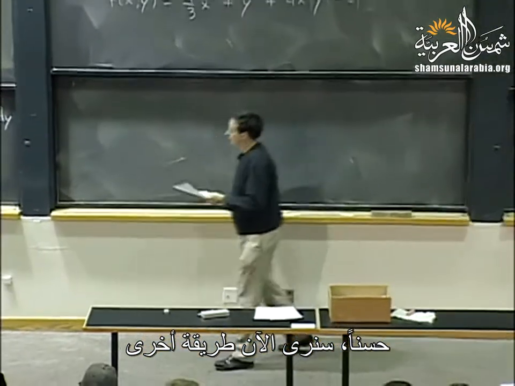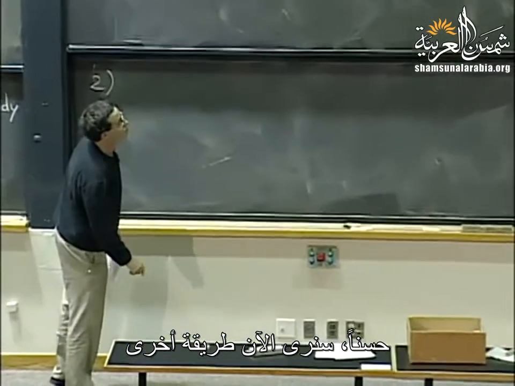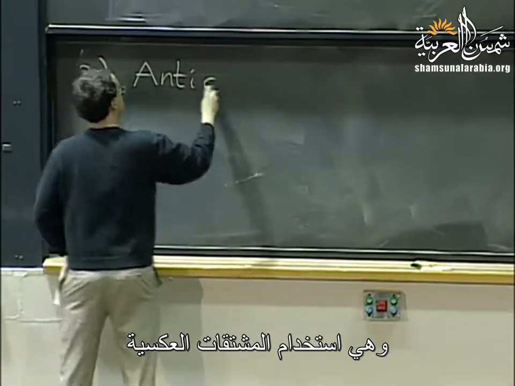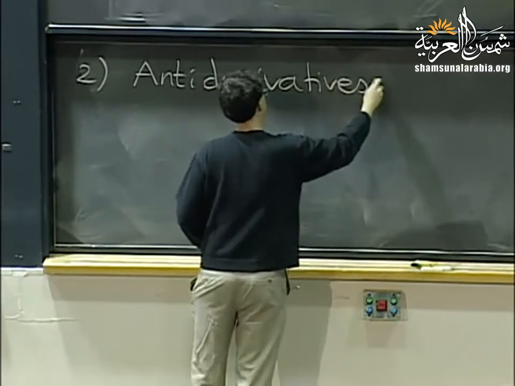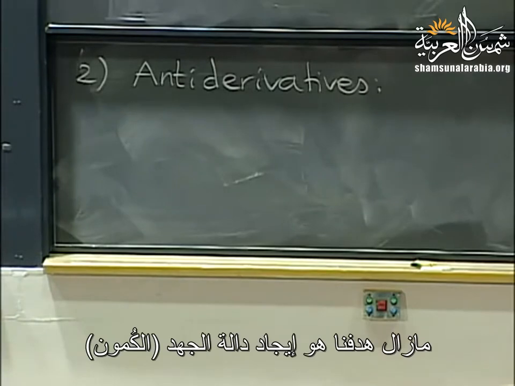So now we have another method to look at, which is using antiderivatives. Okay, so the goal is the same, still to find the potential function.